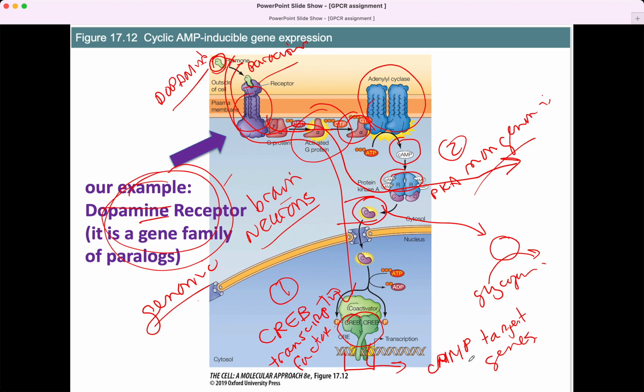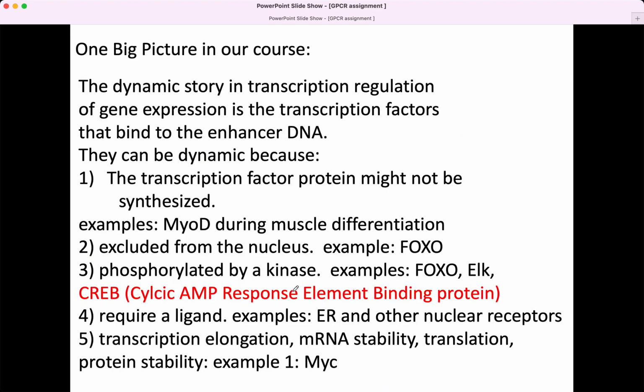And people like to call this enhancer a cyclic AMP response element. And I think it's on the next slide that I have the name, and you can just remember CREB, but there's the full name of CREB. It's the cyclic AMP response element binding protein.